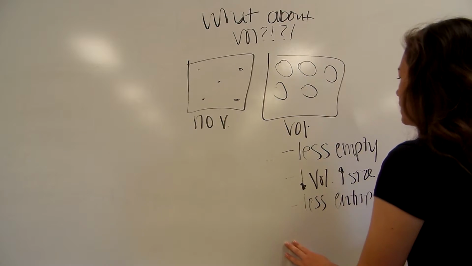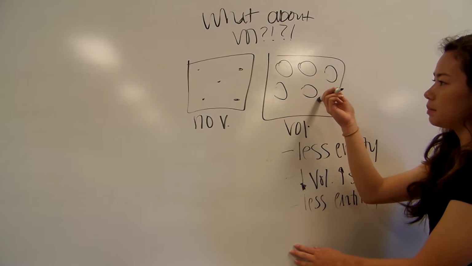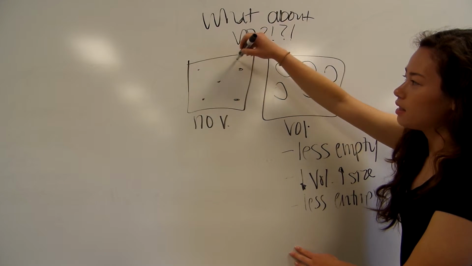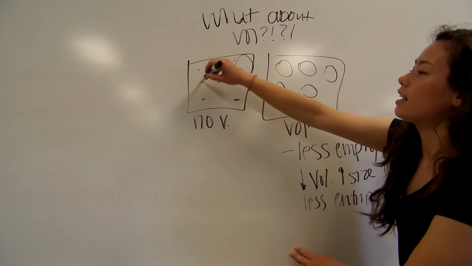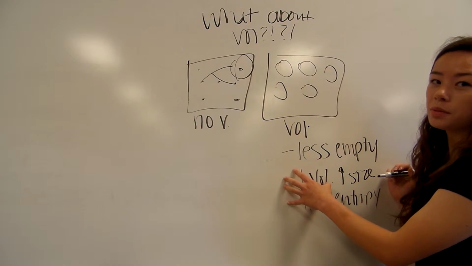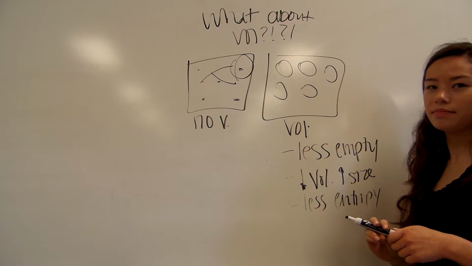And by that we mean there's less places for it to be here than here, because it can be all over here, there, there. But here, because it doesn't have as much room, it can only go so many places.